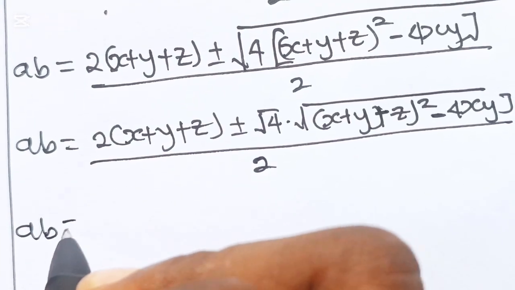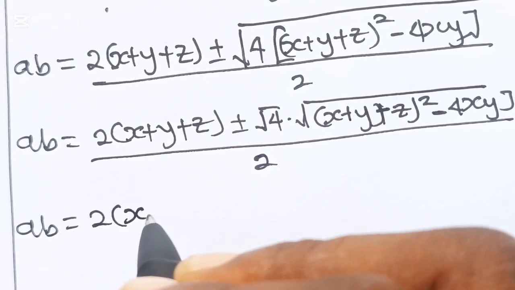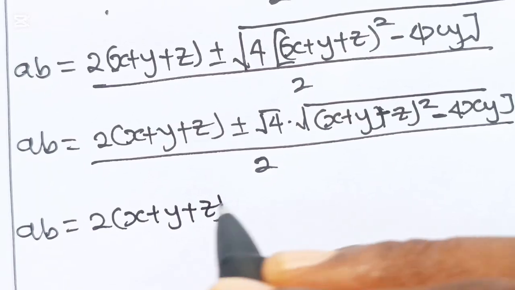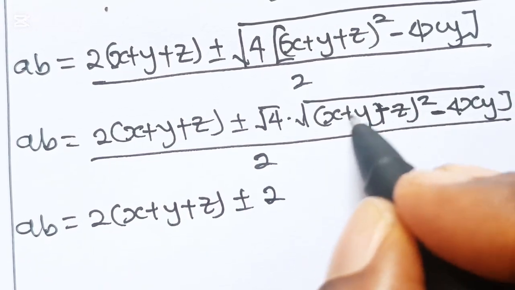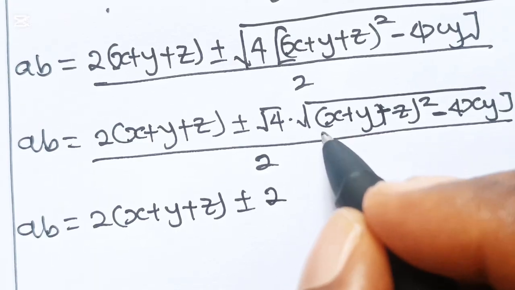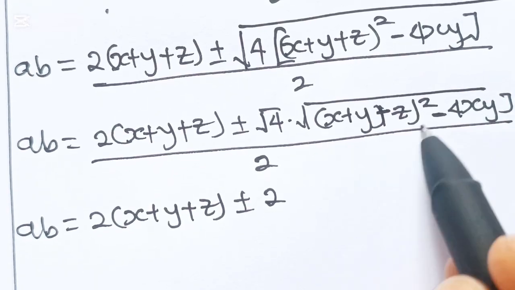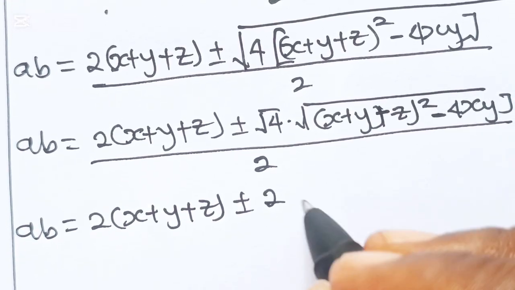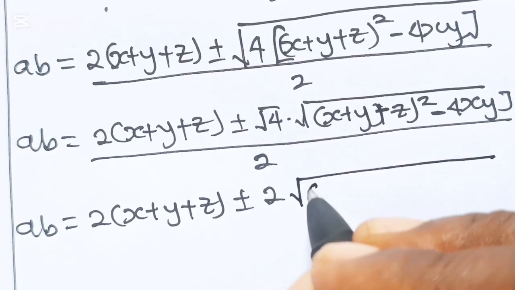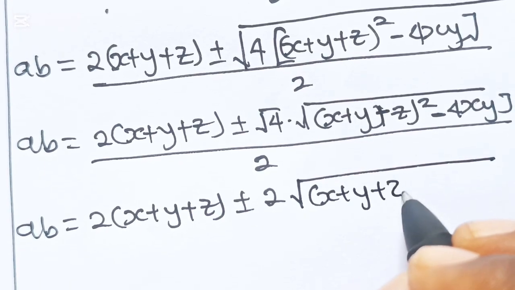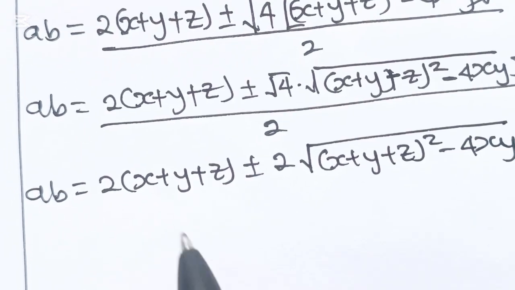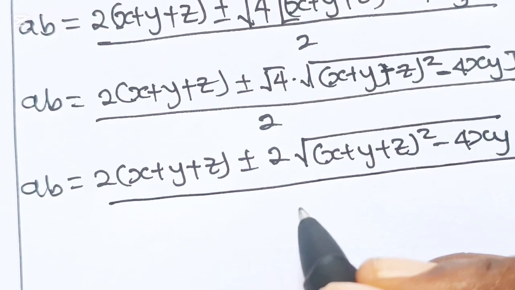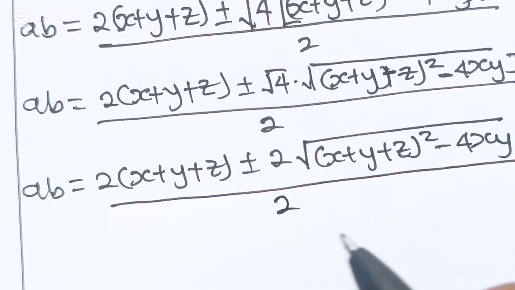So we have ab is equal to 2 times x plus y plus z, plus or minus, then this is 2, then this is the same thing as the square root of the whole of this, which is x plus y plus z all squared minus 4xy. There's nothing we can do there, right? Divided by 2.